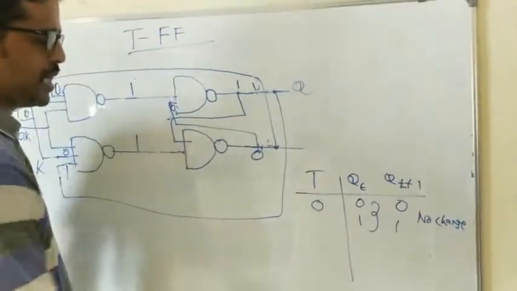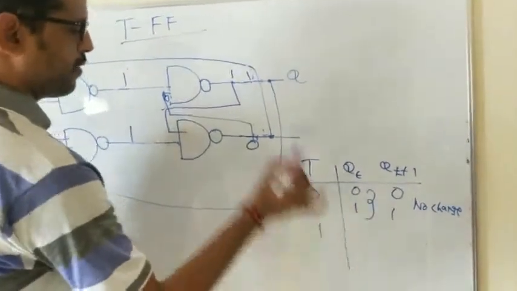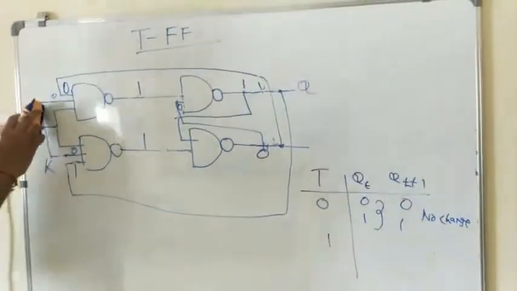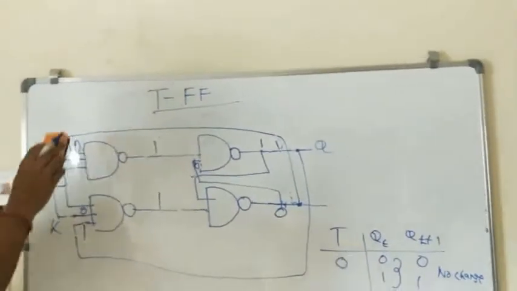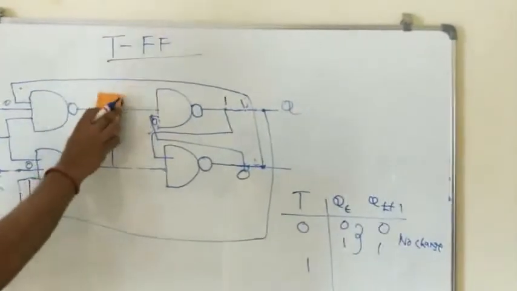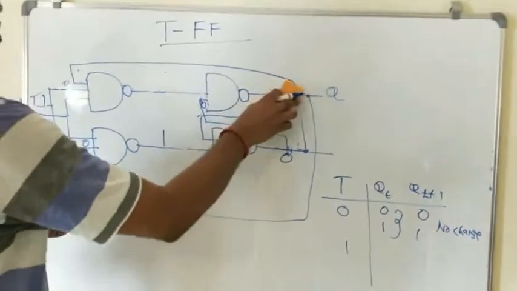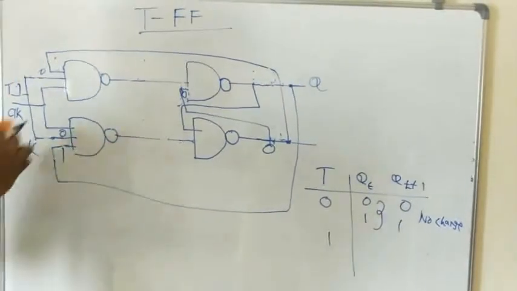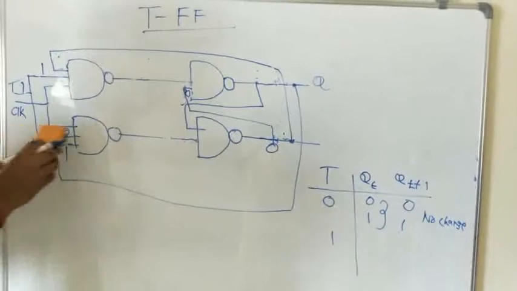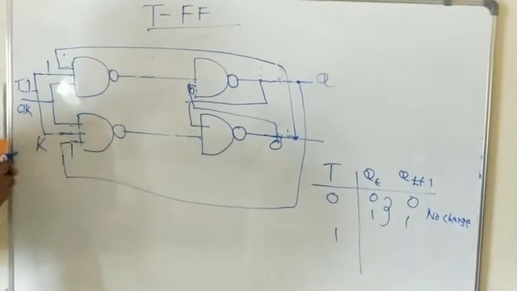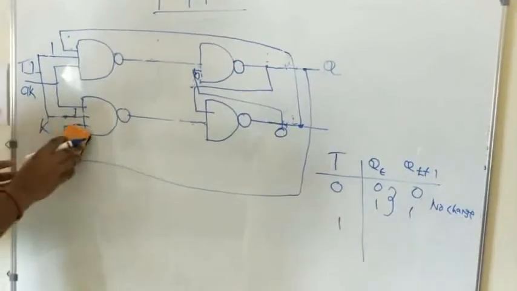Now we'll see what is happening when T input is 1. Now I am giving T as 1. So what will happen? First, both the values will be 1 here, correct? Both the values will be 1 here.